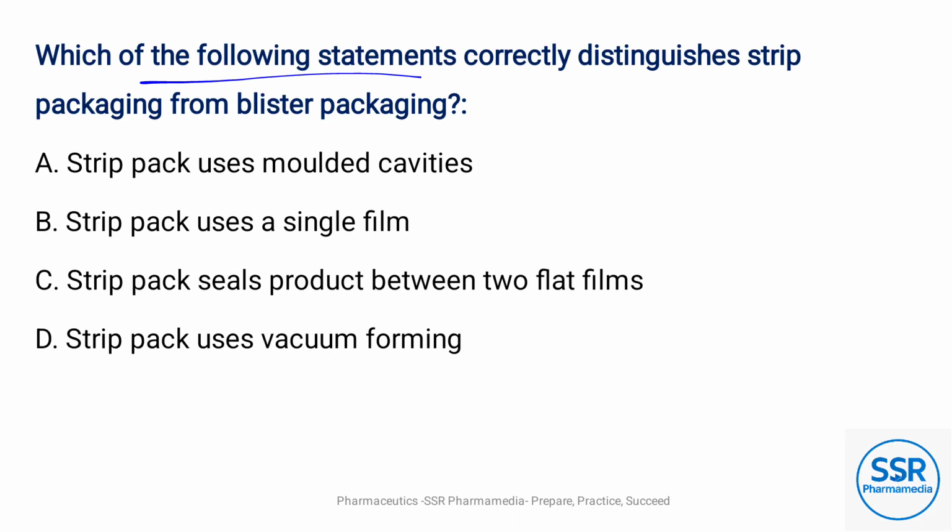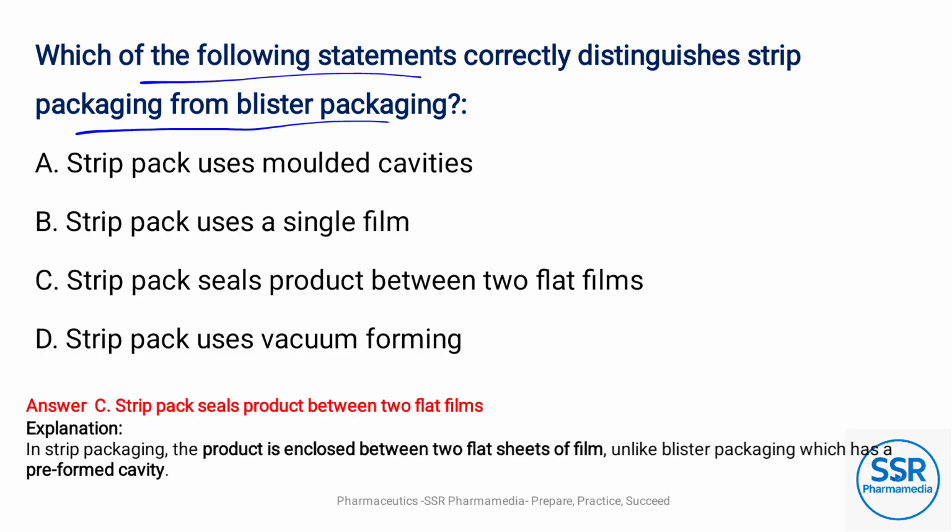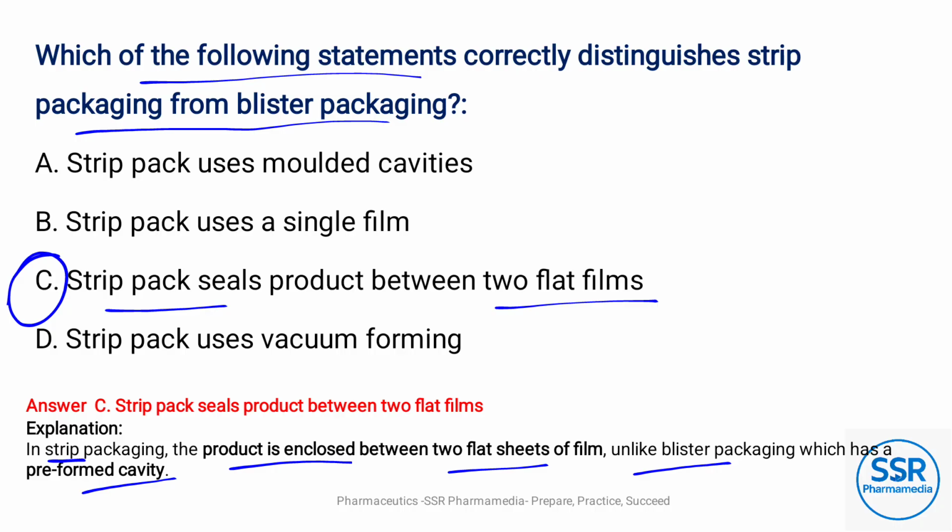Which of the following statements correctly distinguishes strip packaging from blister packaging? Option C, strip pack seals product between two flat films. So in strip packaging, the product is enclosed between two flat sheets of film, unlike blister packaging which has a preformed cavity.